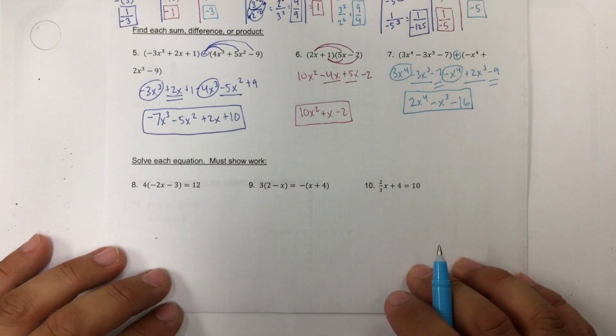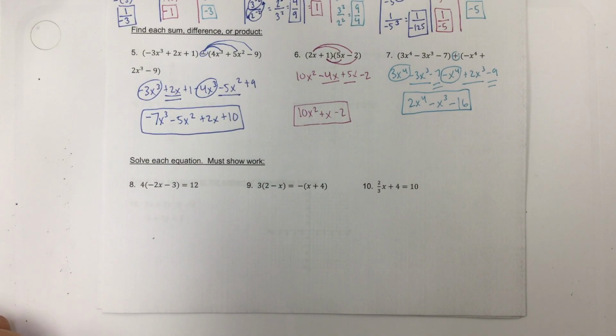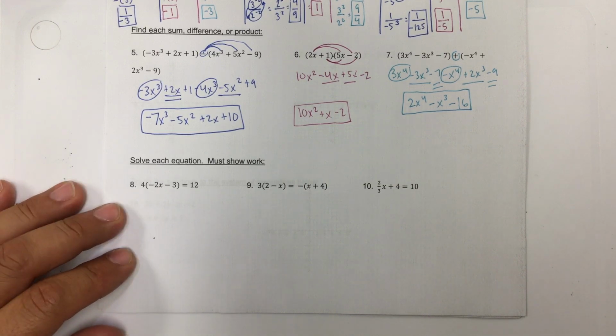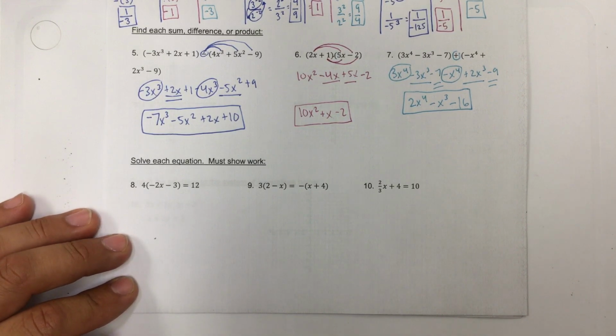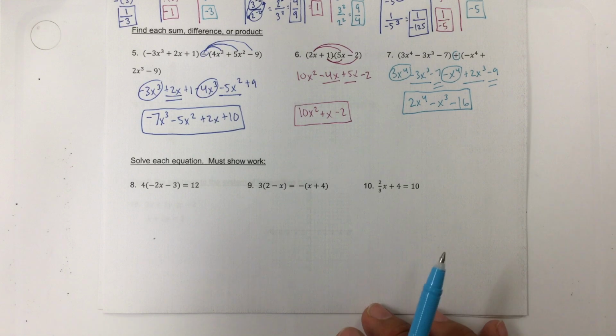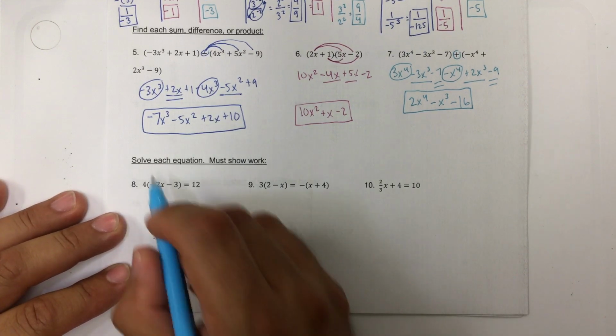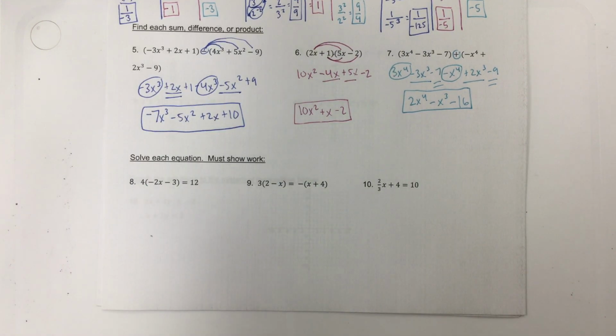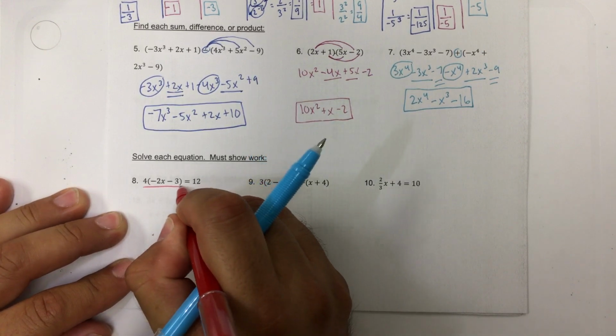All right, let's go ahead and take a look at this next set here. So for this one, solve each equation, you must show your work. Okay, so first we're going to do number 8. It's really up to you. You can distribute the 4. I've seen a lot of that done. Me personally, I'm going to divide by 4 to remove that 4 from the side. So let's go ahead and divide both sides by 4.